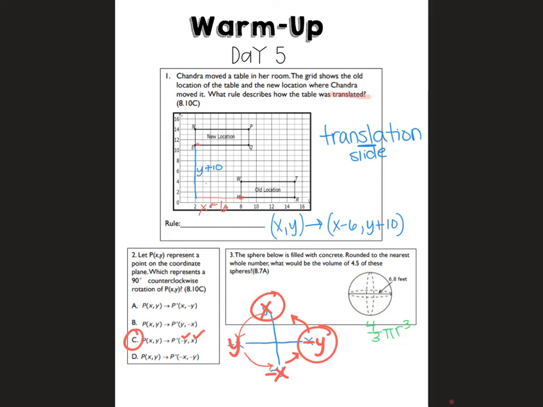Now, if I'm given a diameter, I need to work backwards to find my radius. So I'm going to do 4/3 pi, and then when I cut this in half, it's going to give me 3.4 for my radius. And I'm going to cube that.